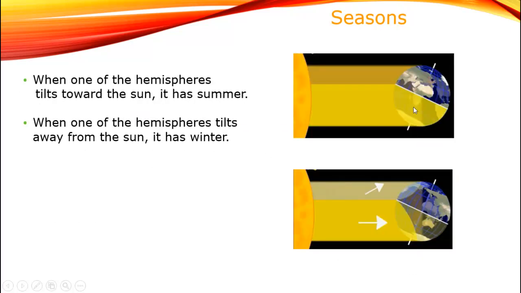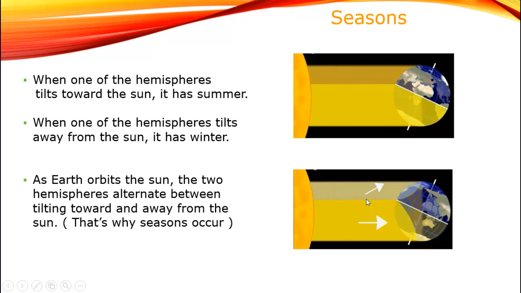When one of the hemispheres tilts towards the Sun, it has summer, and when one of the hemispheres tilts away from the Sun, it has winter. So the side that tilts towards the Sun has summer, and the side that tilts away from the Sun has winter.